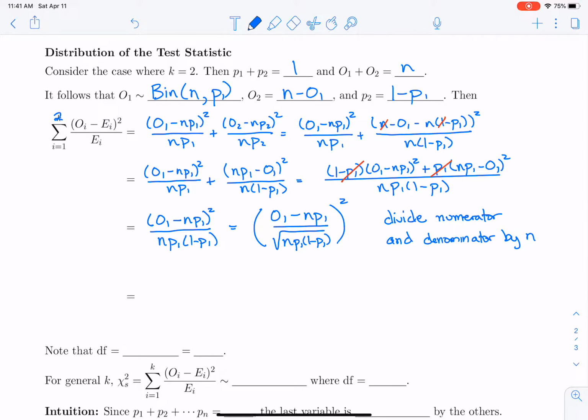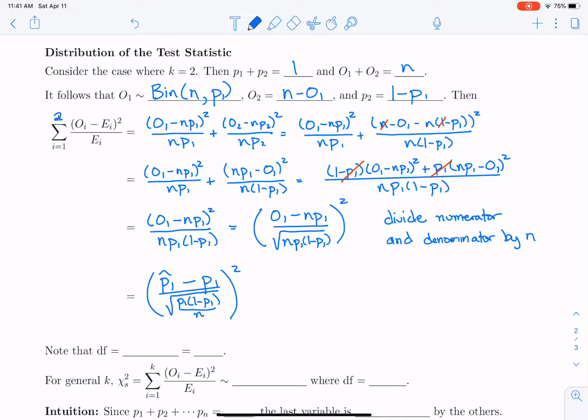When I do that, then O1, the number of observations, divided by n is p1 hat. And then np1 divided by n is just p1. And when I divide, I'm going to take the square root, and that's going to become p1 times (1 minus p1) over n.